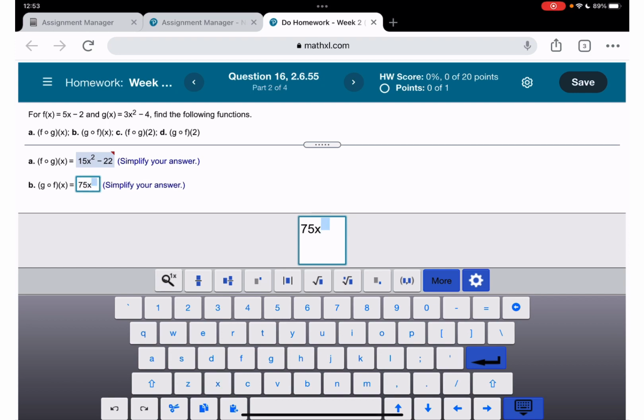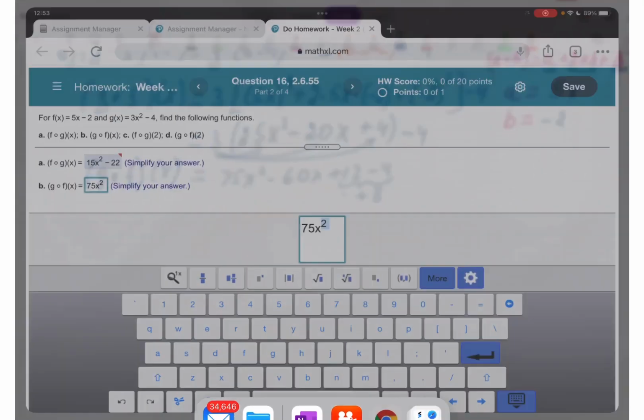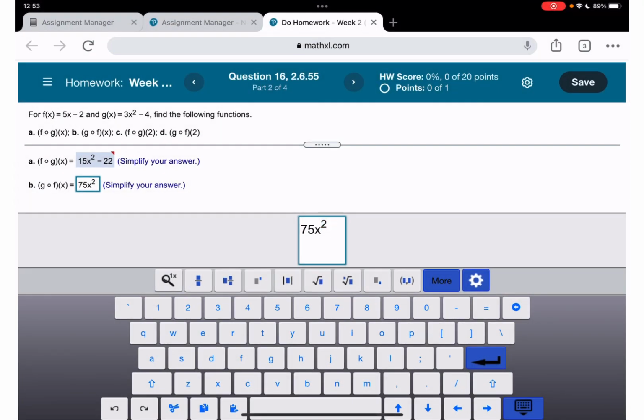75x squared, let me see, minus 60x. I'm going to be careful and double check it so I won't make a silly mistake again.